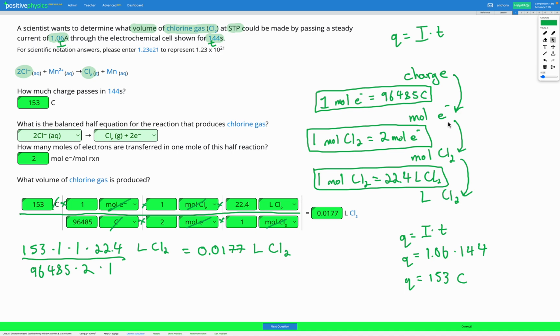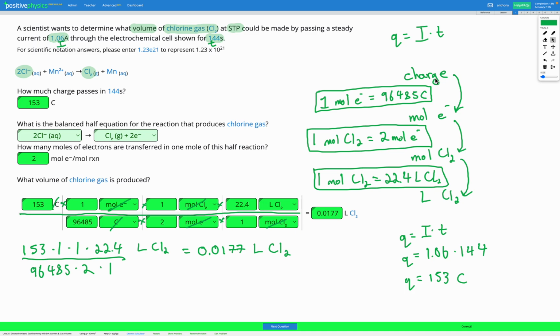To convert between moles of electrons and moles of our gas, we're going to be using the balanced half equation for that reaction. To convert between moles of our gas and litres of gas, we're going to be using the molar gas conversion for standard temperature and pressure, STP. We're also using Q equals IT to convert between charge, current, and time.